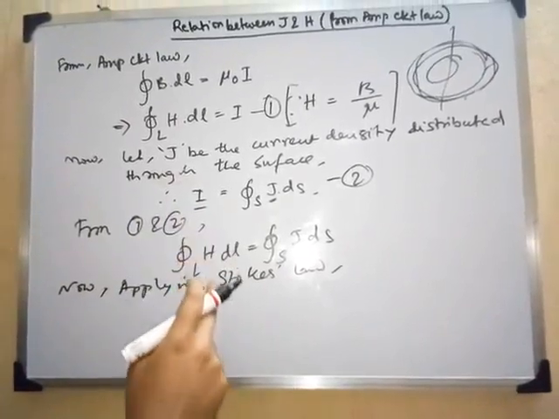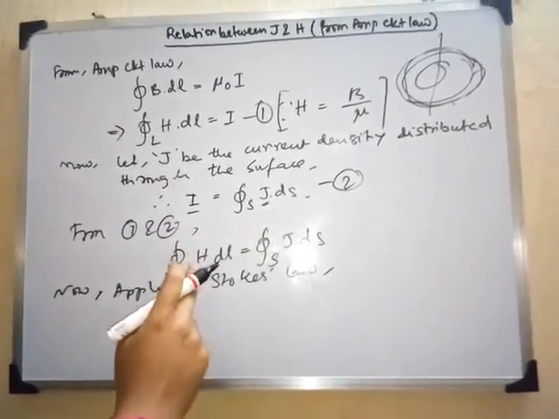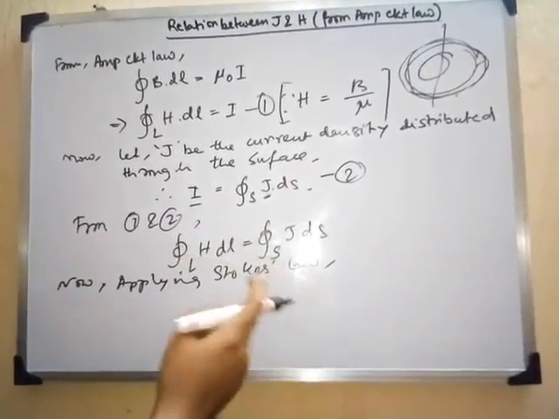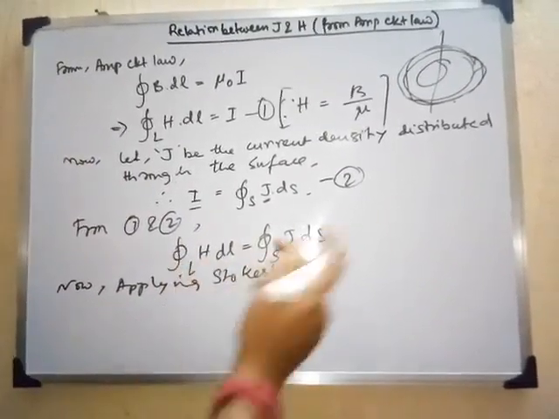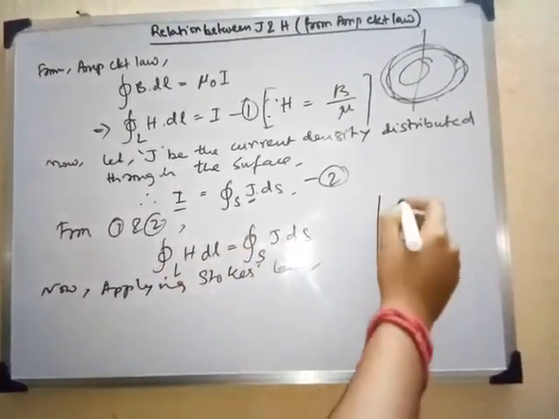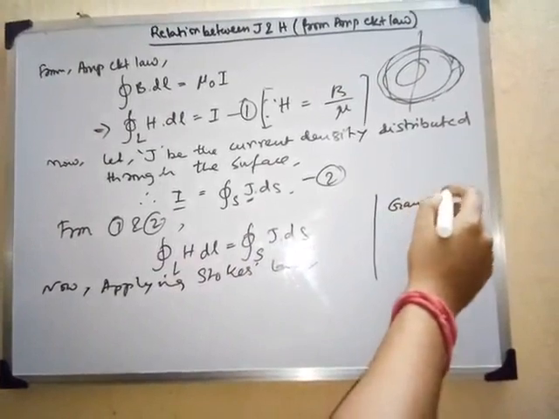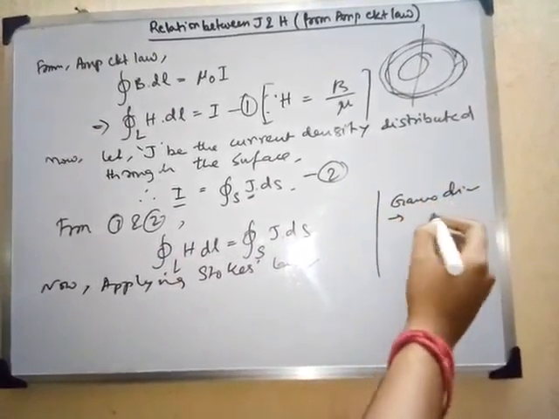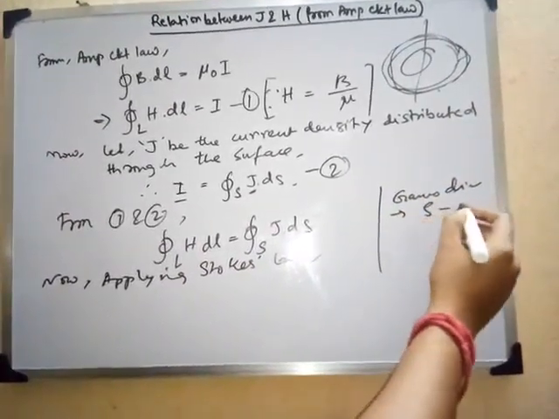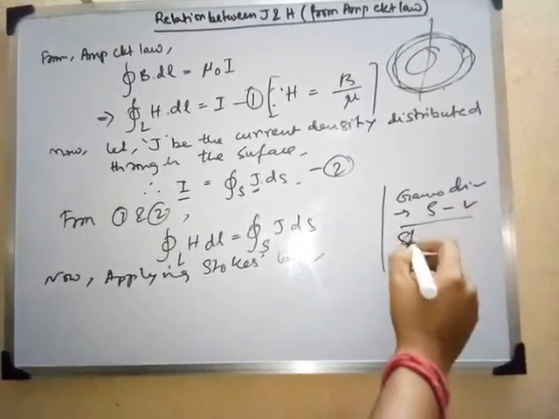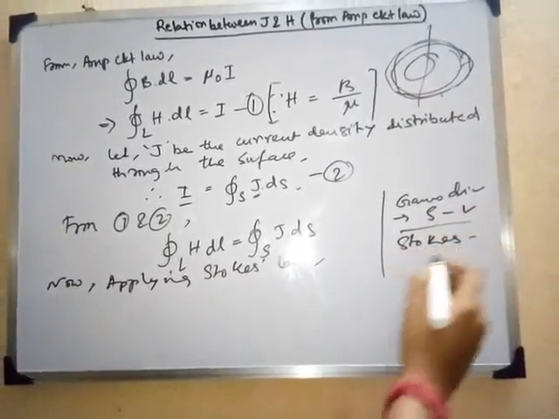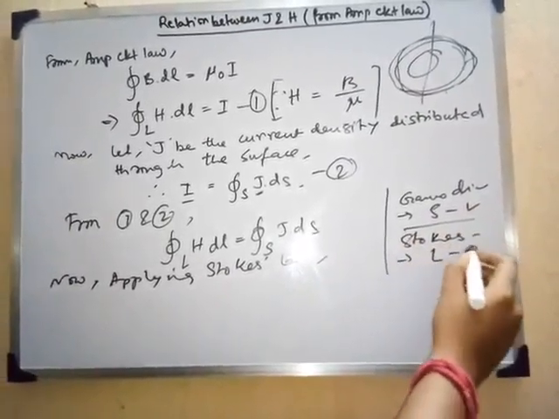By the help of Stokes law, we can convert this line integral to a surface integral. If you remember, there was one theorem, the Gauss divergence theorem, which gives the conversion between surface and volume, and Stokes law is the other one. I have told you that Stokes law gives a relation between line and surface.